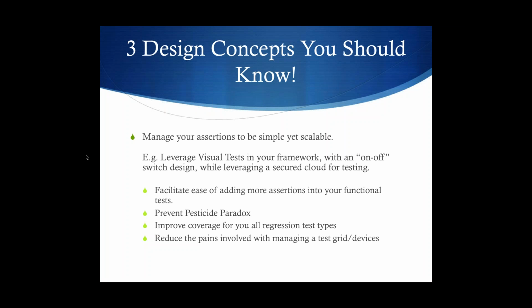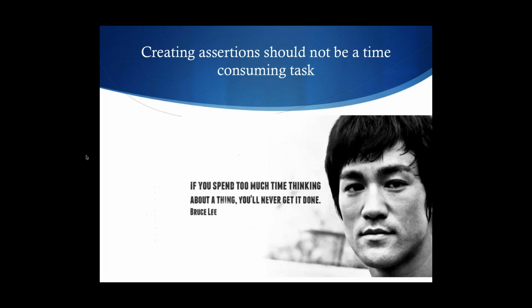One last thing I want to share with you. I just shared some design concepts, and I want to share a little bit more. This is about good time management and good processes. As QA engineers, specifically in automation, and especially if you're using Selenium, creating assertions is a huge task because you're looking for the locator.